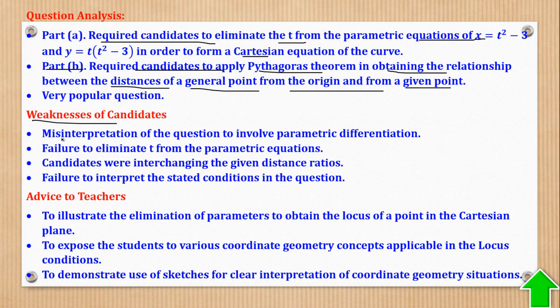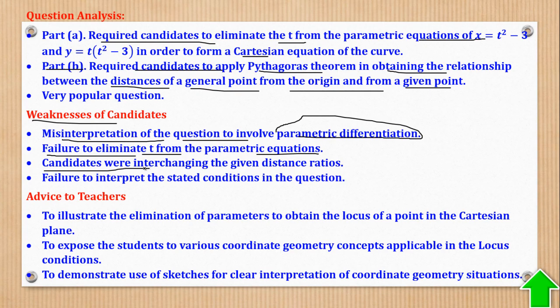So a weakness was misinterpretation of the question to involve parametric differentiation. So differentiating that is off track because this was under geometry. So you should know the section or the part where a question is coming from. Next weakness was failure to eliminate t from the parametric equation. So you need to know how to eliminate.